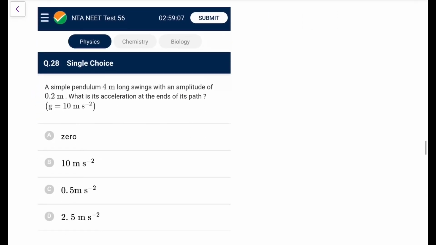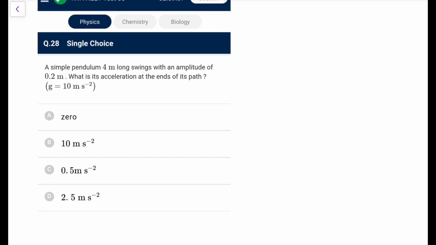Next one. A simple pendulum 4 meter long swings with an amplitude 0.2. What is its acceleration at the end of its path? At the end of its path, acceleration is only the tangential acceleration. That would be equal to g sine theta. So what is sine theta? It's amplitude of 0.2. So let me draw. So this is theta.